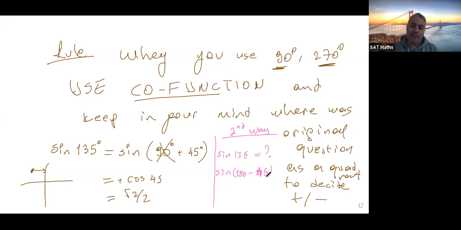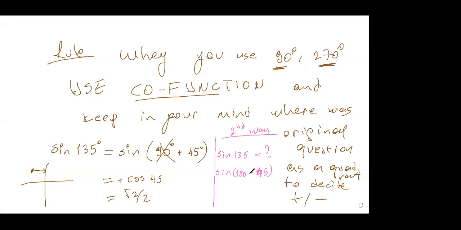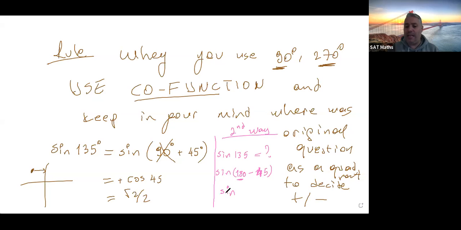Is it correct? Yes. So since I use 180, it is now the same function, not cofunction, sine of 45. Only I should keep in my mind, sine of 135 is in the second quadrant, so positive. So positive sine of 45. What is sine of 45? √2/2, I know. So these two answers are the same.